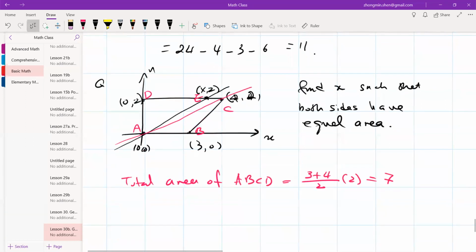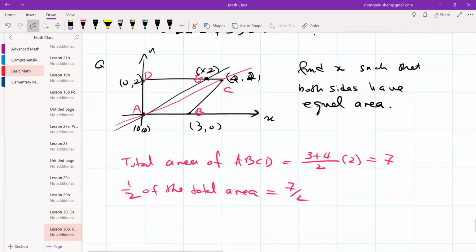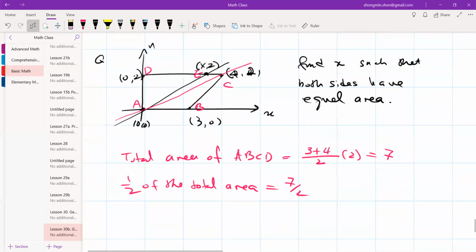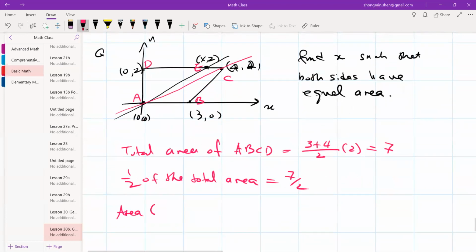So this line is going to divide the region into 2 regions of equal area. So half of the total area is going to be 7/2. Then the area of the triangle AED, the top triangle, is supposed to be 7/2, right?